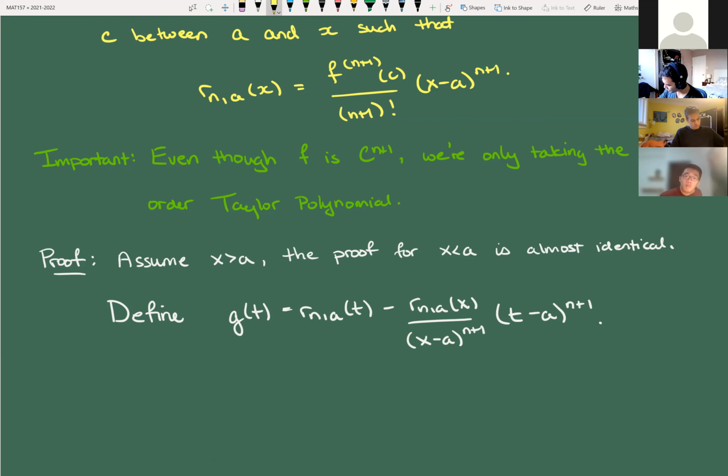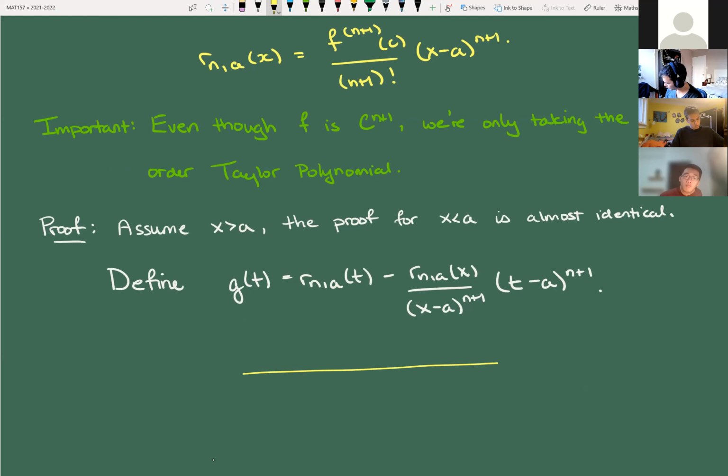So what we've done is, we've got this interval here. Maybe here's our interval I. We've got some point a inside of I. And now we've got some other point x. And again, I've assumed that x is bigger.